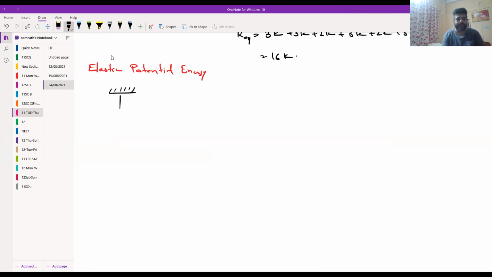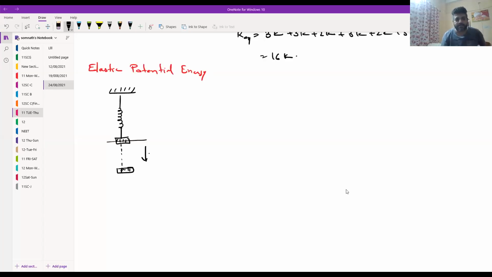See, suppose you have a spring, this is the main position, and you try to elongate it up to this. So your elongation is in this direction, and the force applied is in this direction.